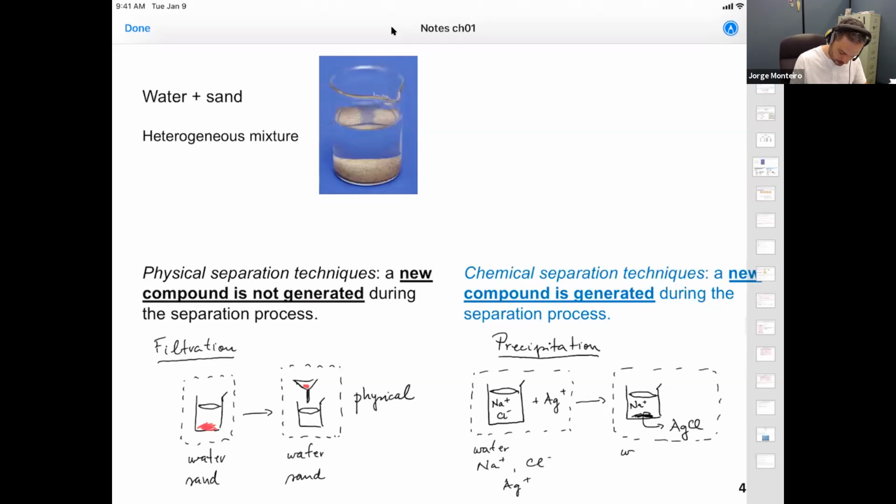You still have water, still have Na+, but now you have a compound that was not present before, AgCl. Okay? So just the fact that you produced a new compound, that means this is a chemical transformation. Okay?